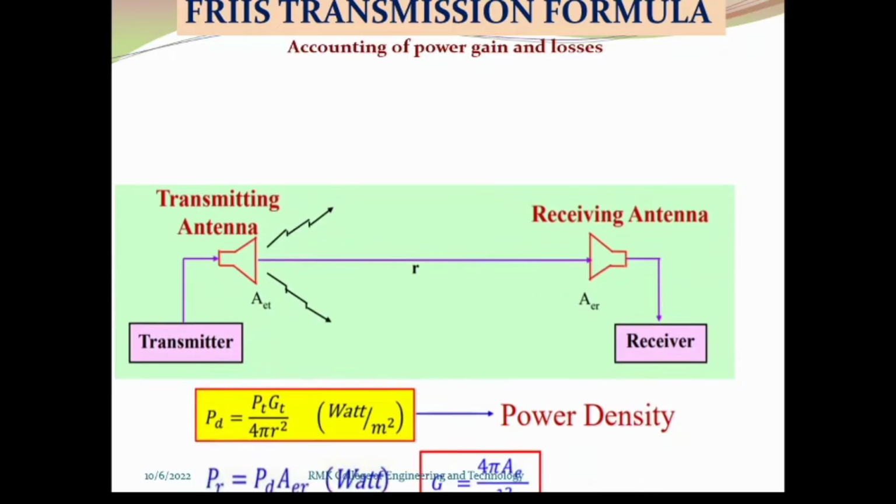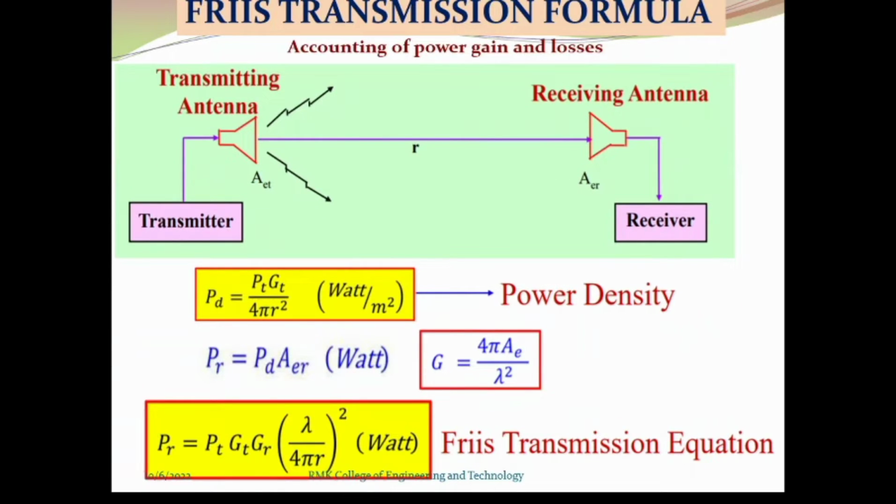Right. First we will discuss the Friis transmission formula and how to calculate the received power with its help. This is nothing but accounting of the power gains and losses of a communication link established between two antenna systems.